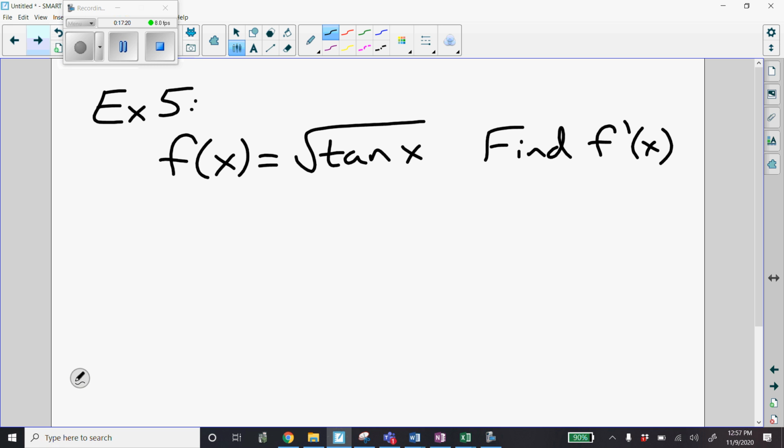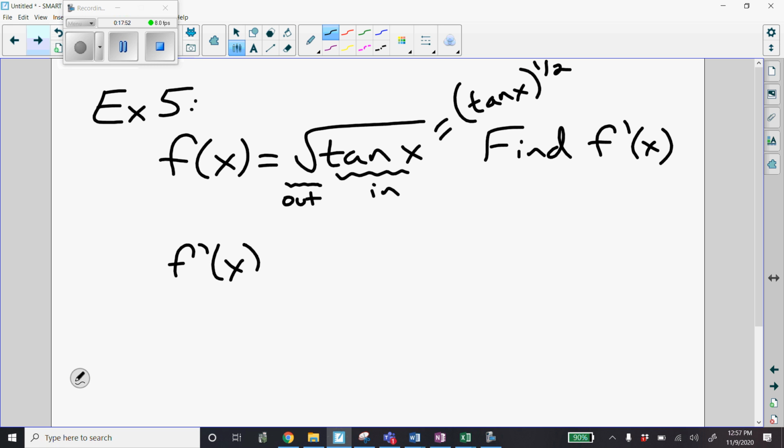My inner function is tan x. My outer function is the square root of x. Okay? And once again, with square roots, it's important to think of them as raising to the power of 1/2. So again, in your head or writing it out, you're going to want to rethink of this thing as tan x to the 1/2 power. Okay? So go ahead and try this one on your own. See how far you can get.